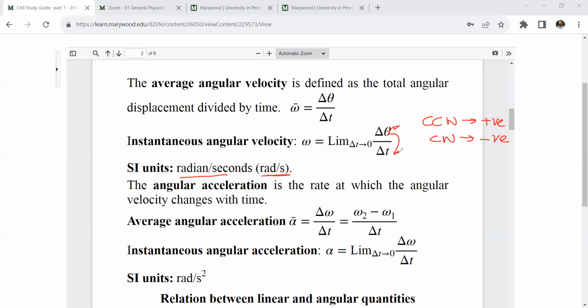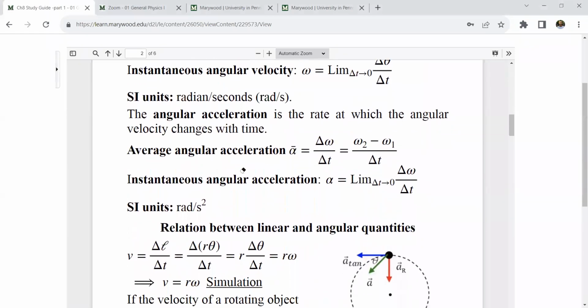The next thing is the angular acceleration. Similar to the linear acceleration, we can define the angular acceleration. For angular acceleration, we use the symbol alpha. This is another Greek symbol. We call it alpha. The average acceleration is the change in omega with respect to time.